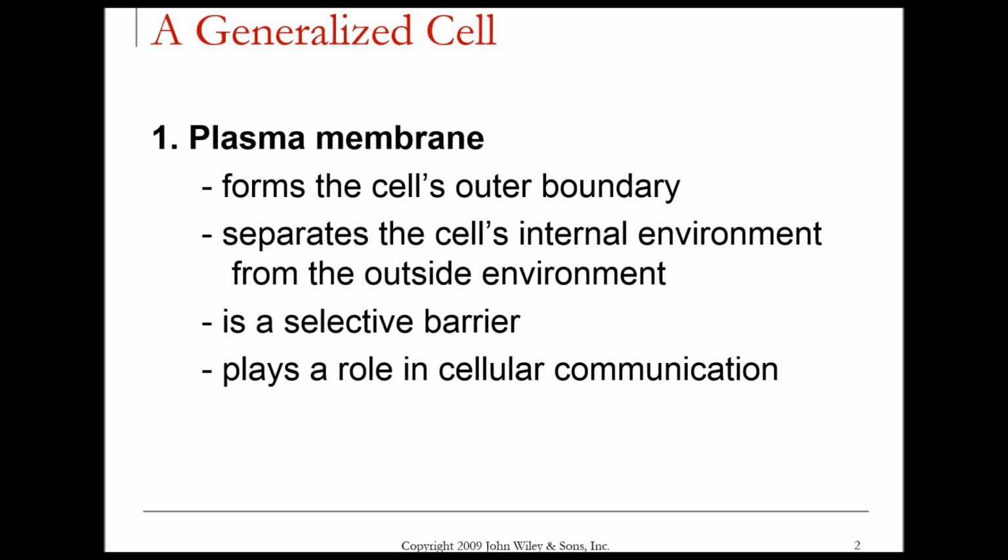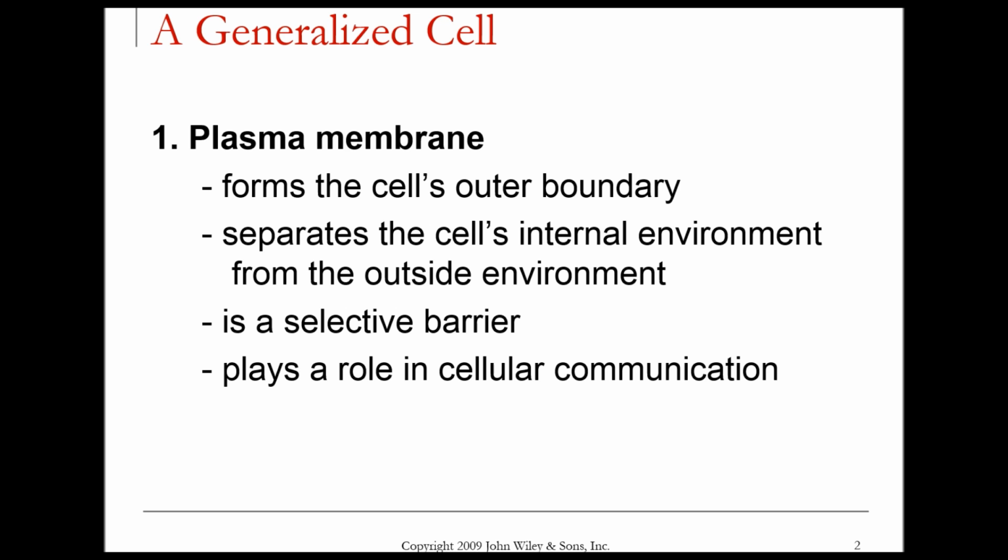The generalized cell has three main portions: the plasma membrane, which forms the cell's outer boundary. We already looked a little bit when we were in chemistry at some of the components of the plasma membrane, but we're going to be getting into it in a little more detail. So the plasma membrane separates the cell's internal environment from the outside environment.